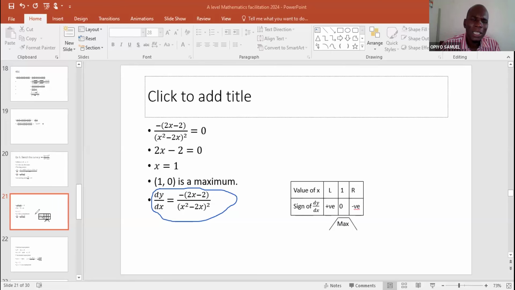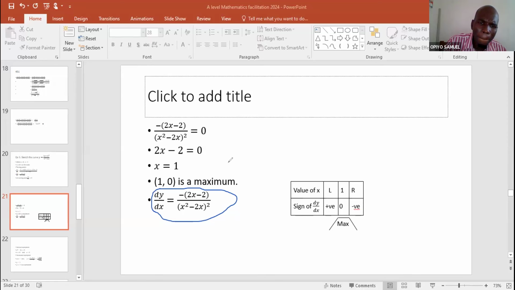So when you are determining the nature of a turning point, you must make sure you find it using the gradient function, or we can use the second derivative. Second derivative means you have to differentiate this function again with respect to x. Then later, you can substitute. If you have used the second derivative, when you substitute x equal to 1 and you find that the value of the second derivative is negative, then it implies maximum.